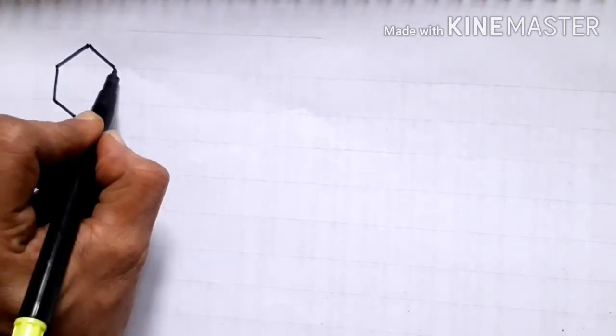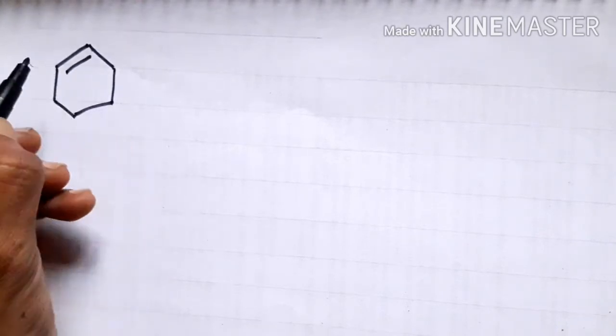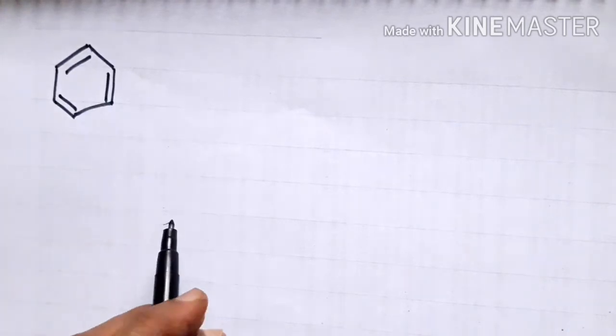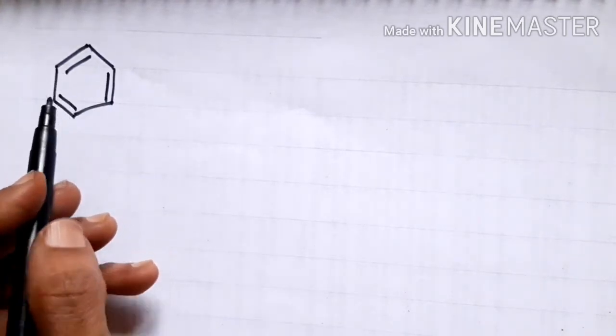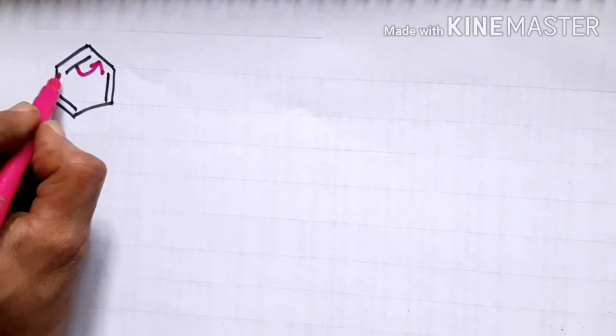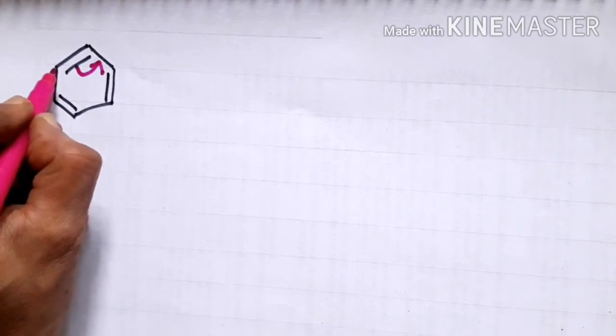Now take the case of a ring of benzene. Suppose we draw the benzene structure with alternate double bonds. Now when electrons start moving here, suppose the pi electrons are shifted this side, this becomes positively charged.